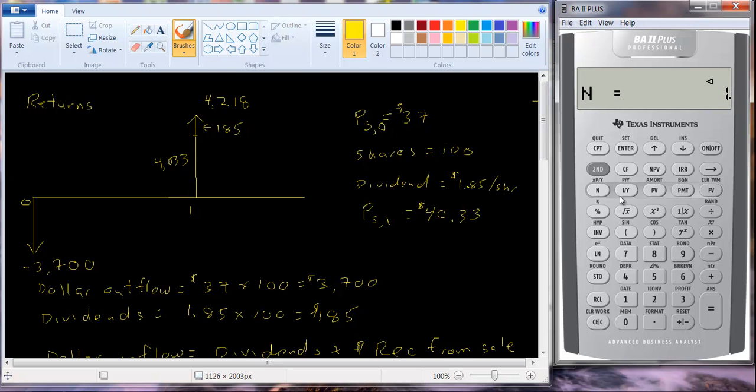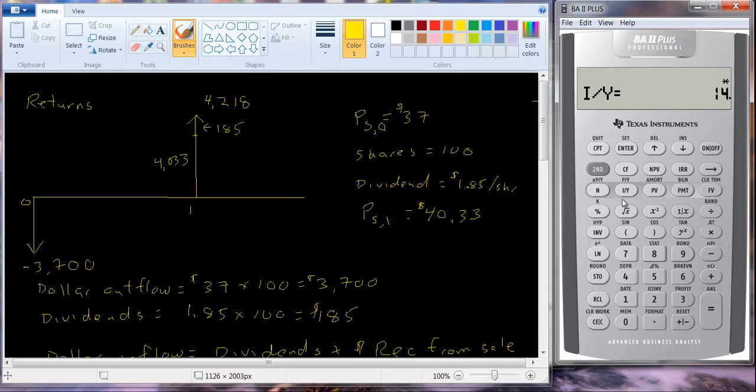N is 1. We don't know what the interest rate is. That's what we're trying to compute. 3,700, and make that negative because it's an outflow, is our present value. 4218 is our future value, and let's compute the interest rate, and we get 14%.